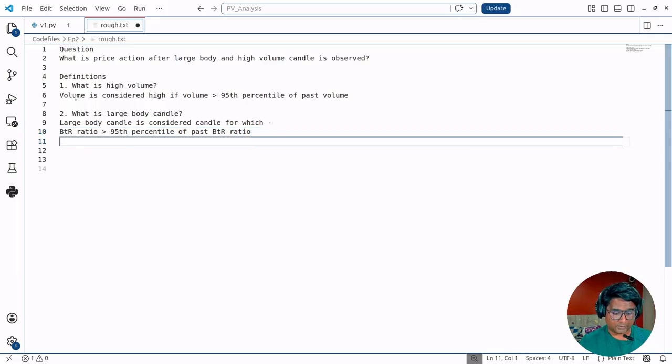So again, what is the BTR? BTR is the body to range ratio.